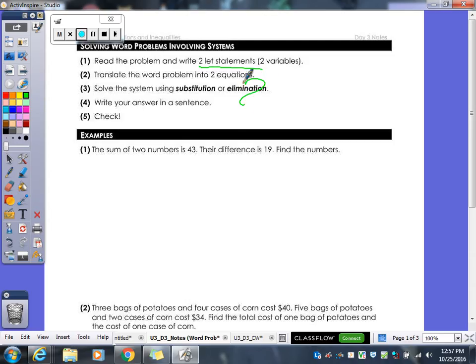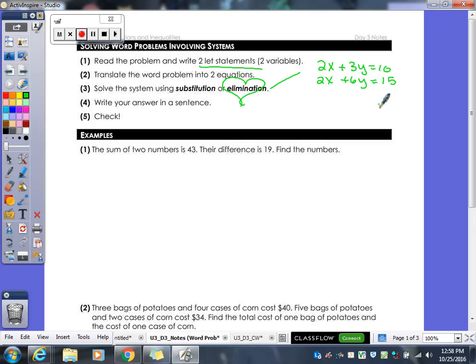They will mostly be elimination. Okay, you have to be able to pick up an elimination problem. Elimination problems look something like this. You don't have to write it down, just look up here. Right, where the x's are stacked and the y's are stacked, and you've got to eliminate an x or a y, right?